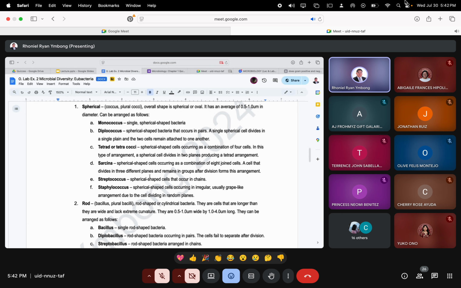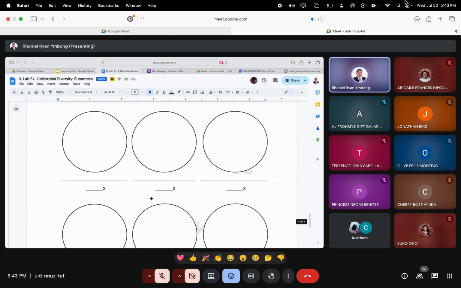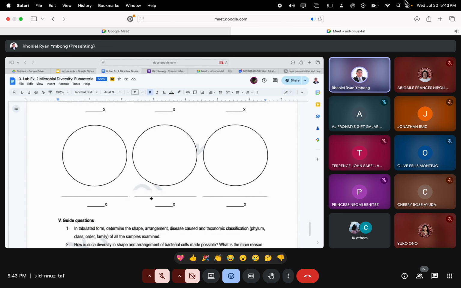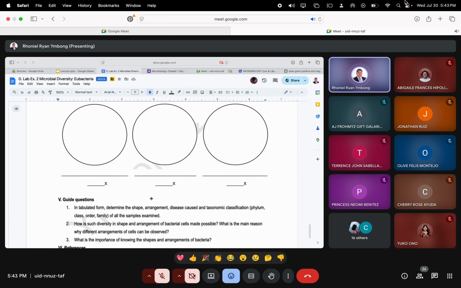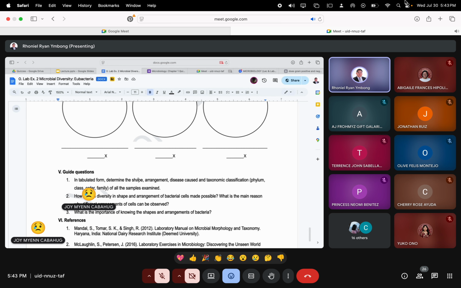The main purpose of this exercise is for you to identify the shape and the arrangement of representative bacterial cells by looking at Google pictures and then creating a table with this information: shape, arrangement, disease caused if they are pathogenic, and the taxonomic classification, so phylum, class, order, and family.